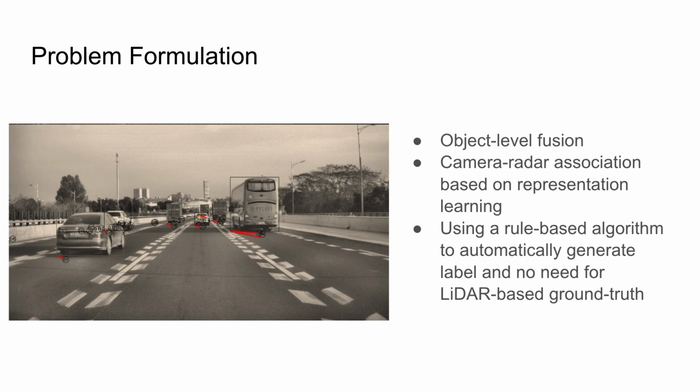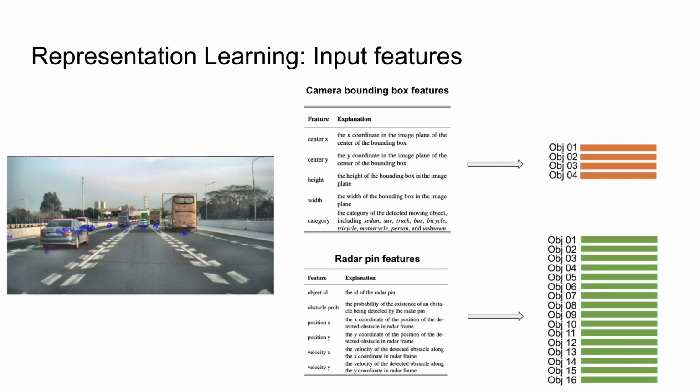Third, most existing learning-based radar camera fusion methods rely on LiDAR to provide ground truth information. Yet, our method adopts a traditional radar camera fusion method to automatically generate association ground truth, entirely eliminating the need for LiDAR.